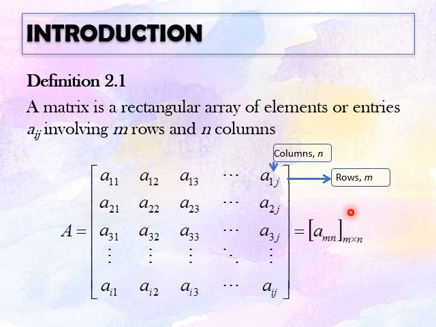To write the order of the matrix, we write m times n, the number of rows times the number of columns. So the order is m by n, meaning m is the number of rows and n is the number of columns. That is a very basic thing of a matrix.